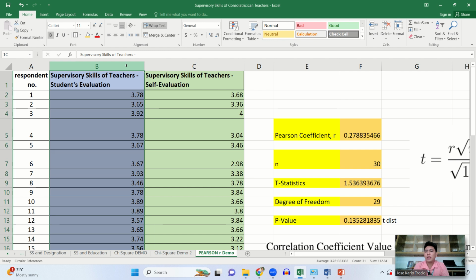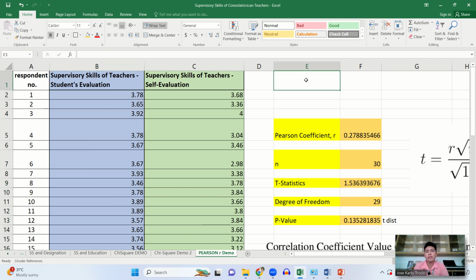The null hypothesis would be stated this way: there is no significant relationship between students' evaluation and self-evaluation of teachers' supervisory skills.